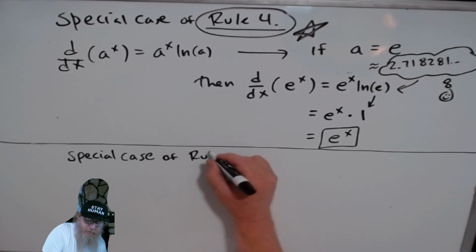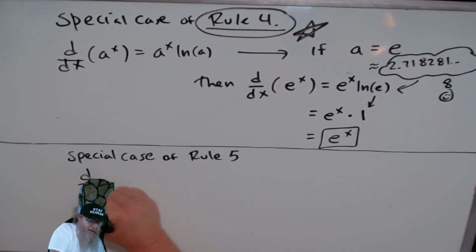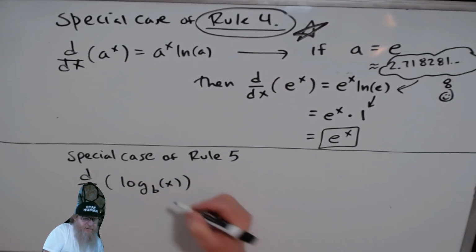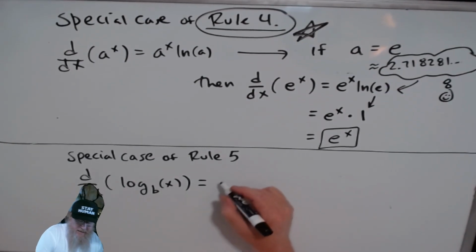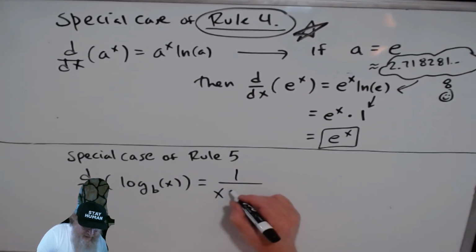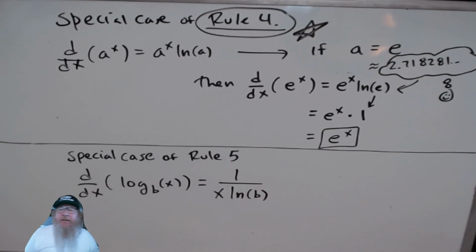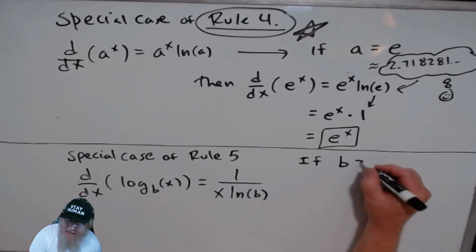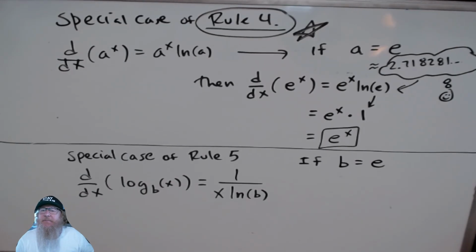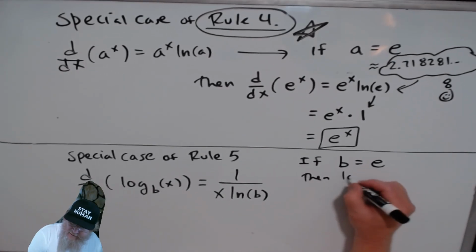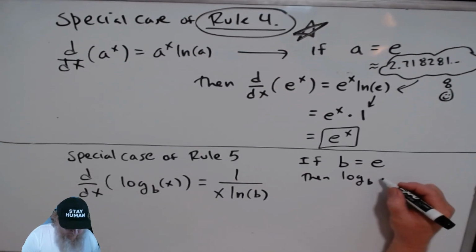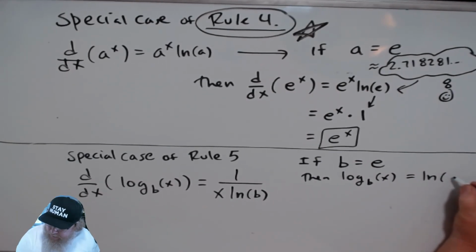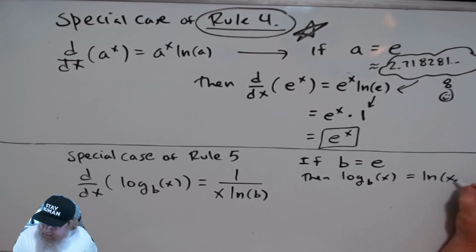A special case of Rule 5. Again, let's write down Rule 5 one more time. Log base b of x, that would be 1 over x ln of b. All right. So special case, if b is e, then log base b of x is the natural log of x.